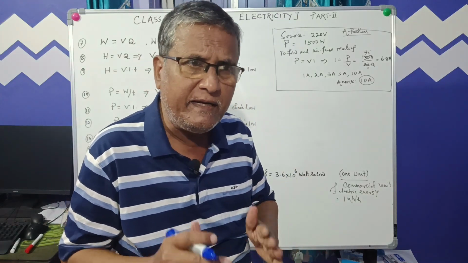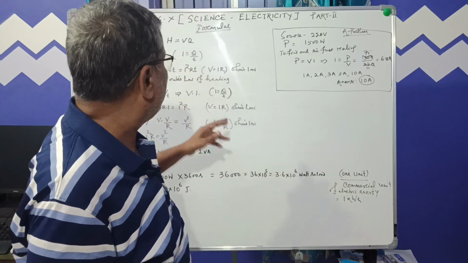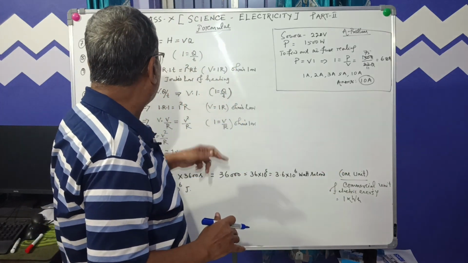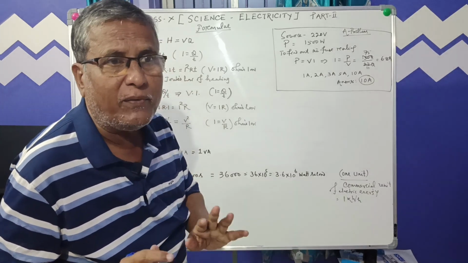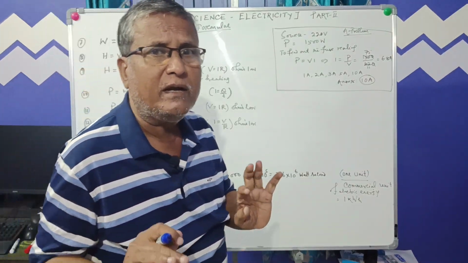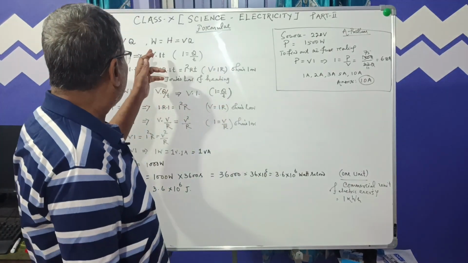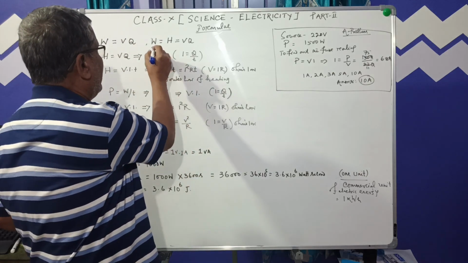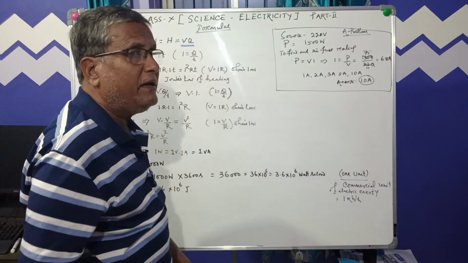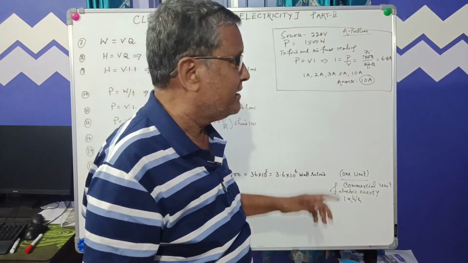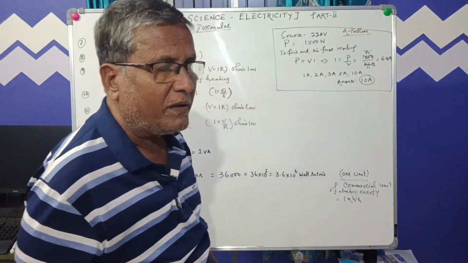The amount of heat energy produced is equal to the amount of work done due to displacement of Q charges by 1 volt potential difference. So that's why we have written W is equal to H equal to VQ, that we have discussed in our formula number 1. This is important.